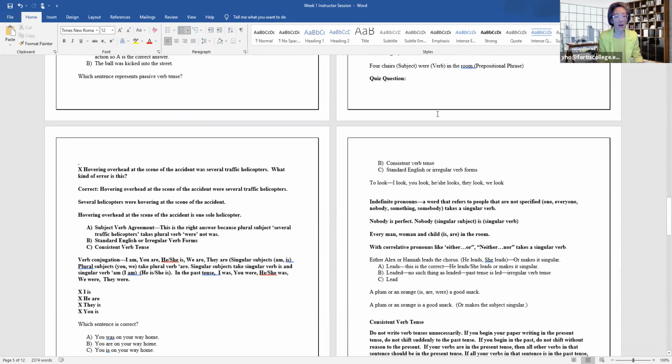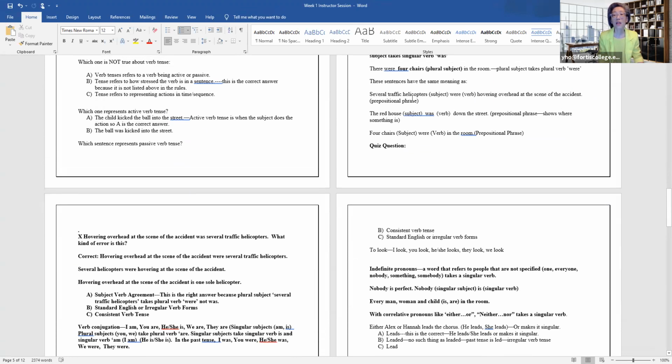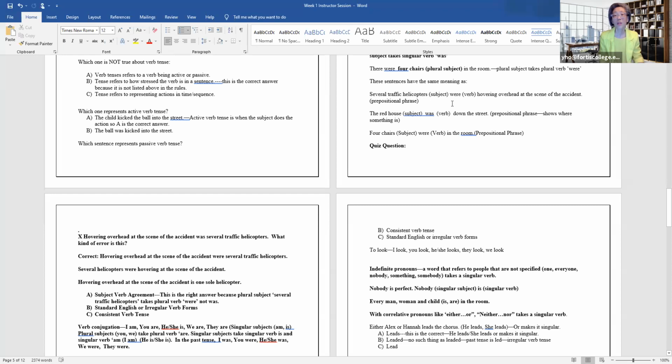And so here you have a quiz question. Several helicopters were hovering overhead at the scene of the accident. Here you have what we just did earlier: the plural subject helicopters with the plural verb were. The red house was.